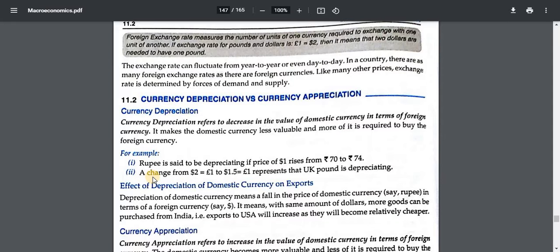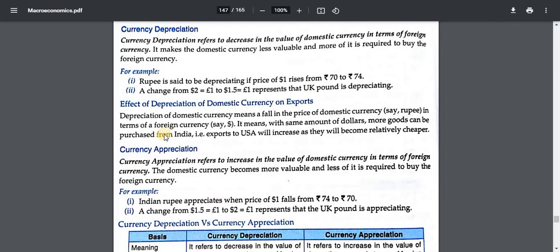2. A change from $2 equals pound 1 to $1.5 equals pound 1 represents that UK pound is depreciating. Effect of depreciation of domestic currency on exports.